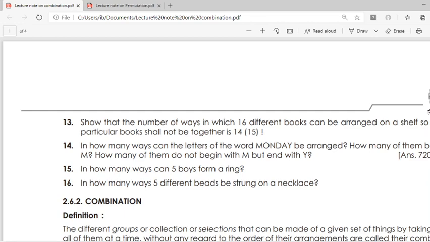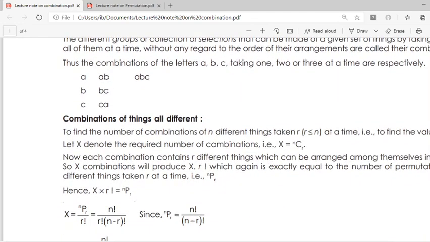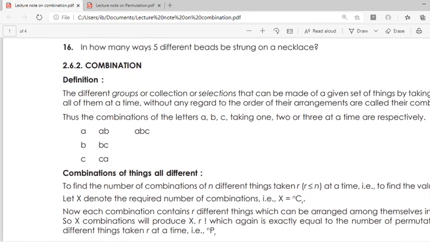In the other part of the lecture note, we want to look at combination. Combination is just a selection or a collection. In this collection, the order of the arrangement is not put into consideration.